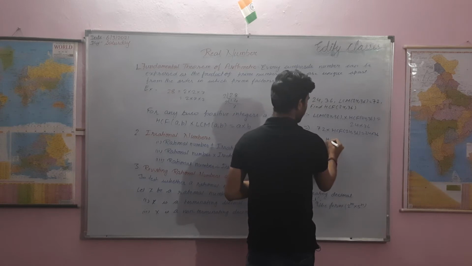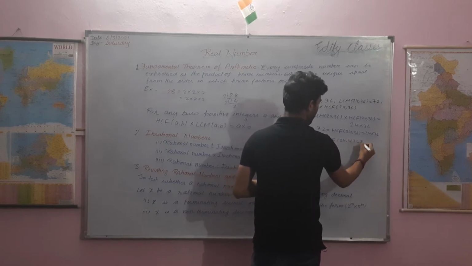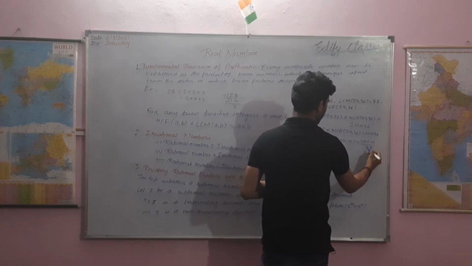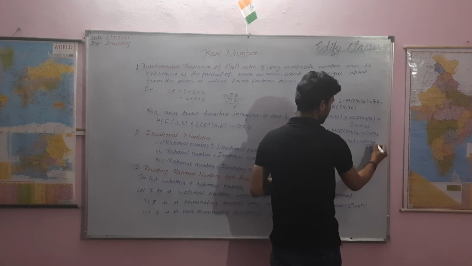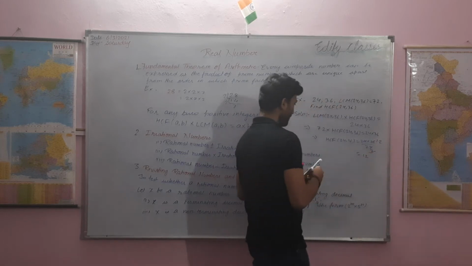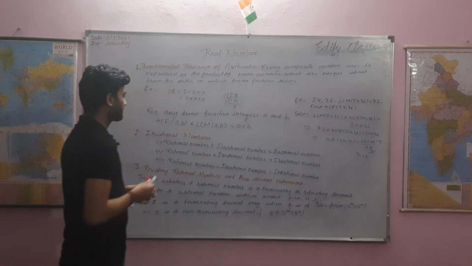So we will get the HCF by dividing 24 into 36 by 72. 3 times 1 is 3, 3 times 2 is 6, that is 12. So 12 will be the HCF of 24 and 36. In this way we can solve these types of questions.